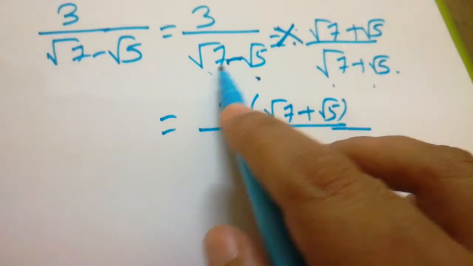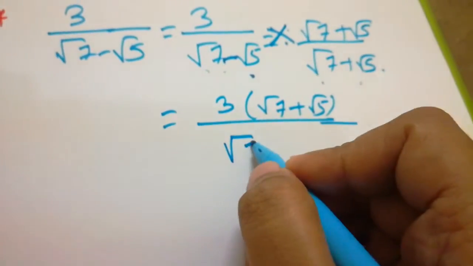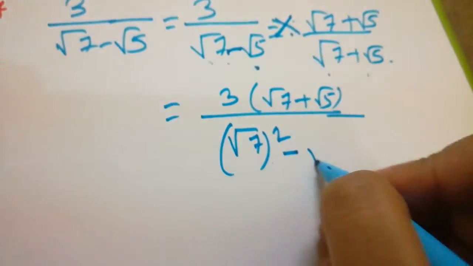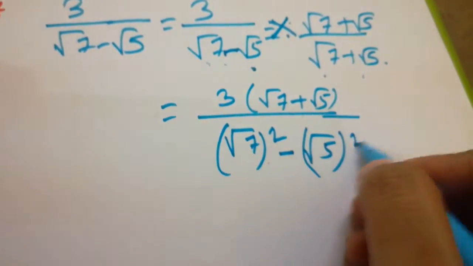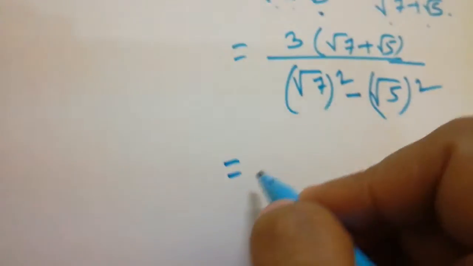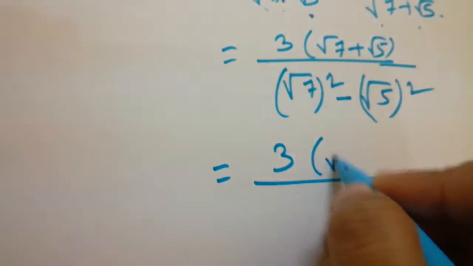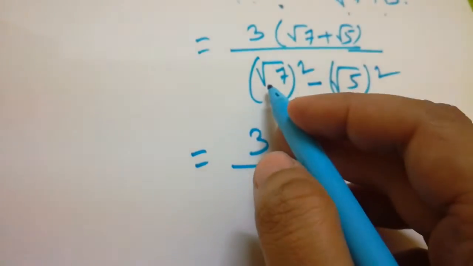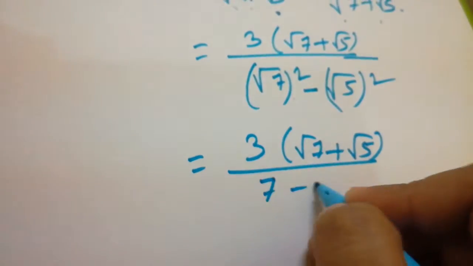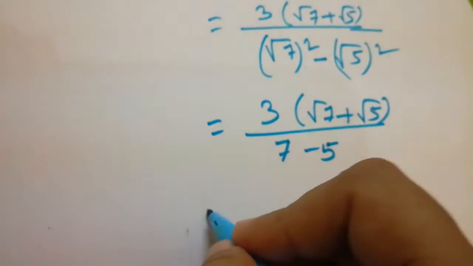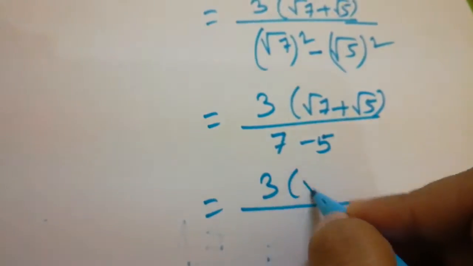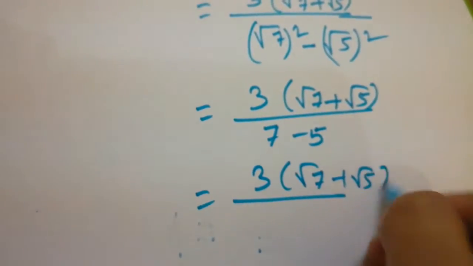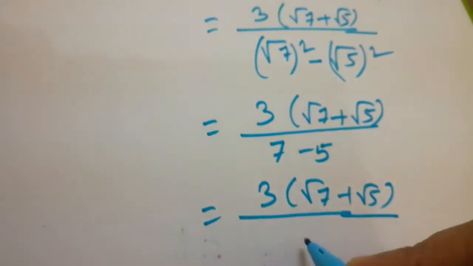Here a is root 7, so root 7 square minus root 5 square, which equals 3 into root 7 plus root 5. Root 7 square means 7 and root 5 square means 5, so it equals 3 root 7 plus root 5 by 7 minus 5, that is 2.